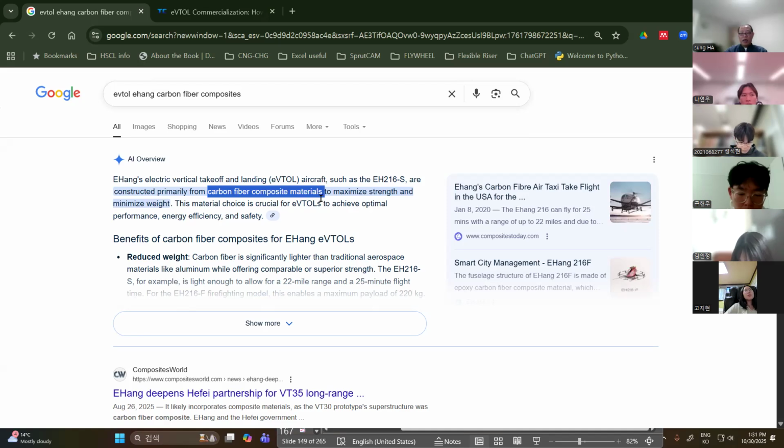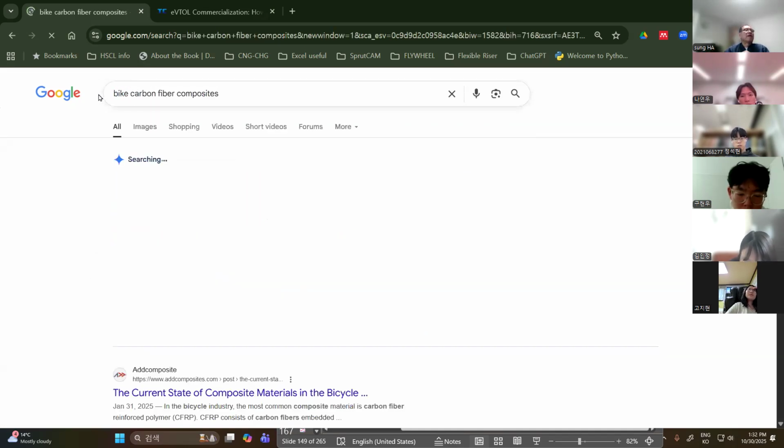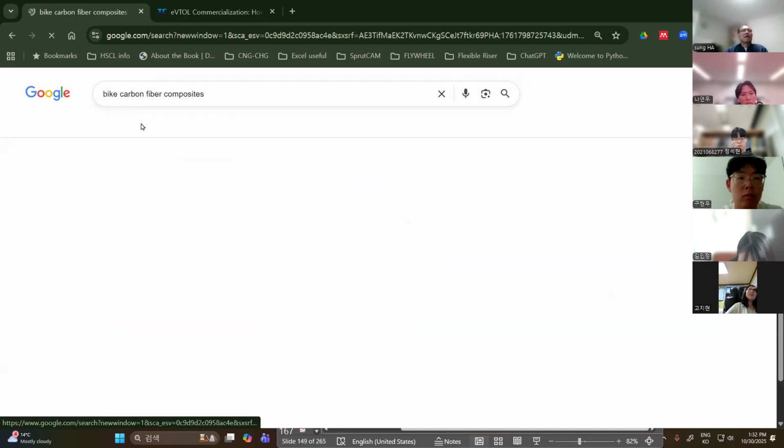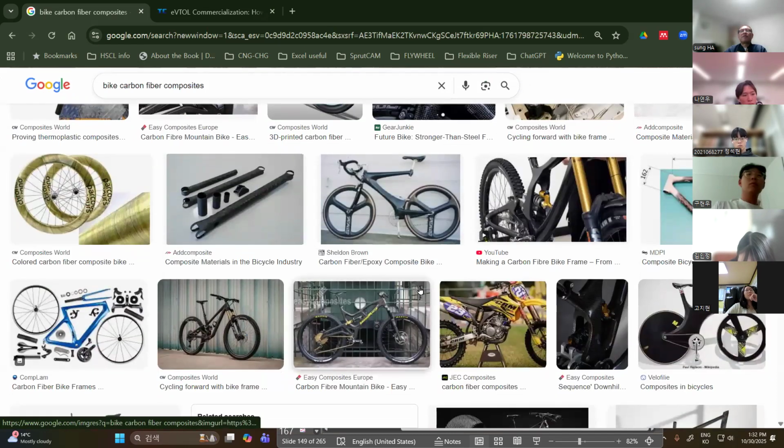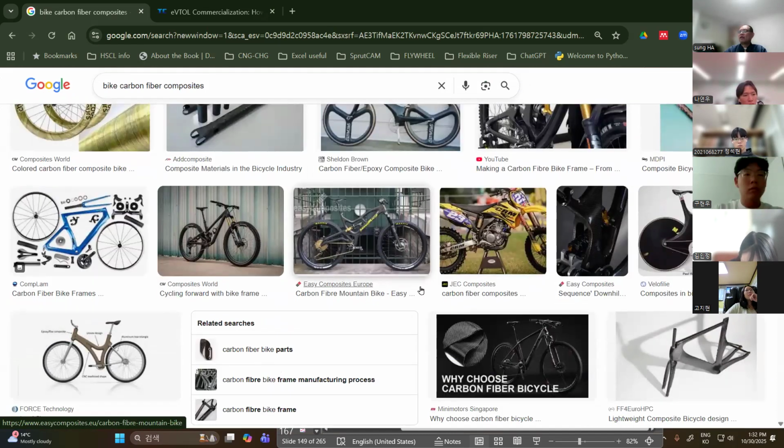The carbon fiber composites are the ones used to make, say, very high-end bikes. This is all made of a carbon fiber reinforced composite rather than aluminum, rather than metal.